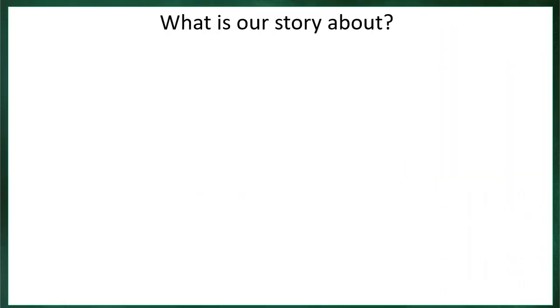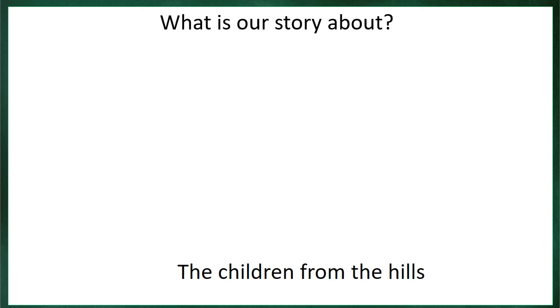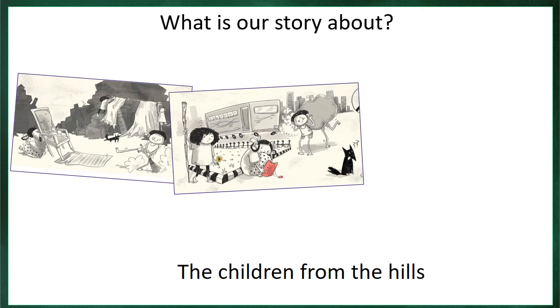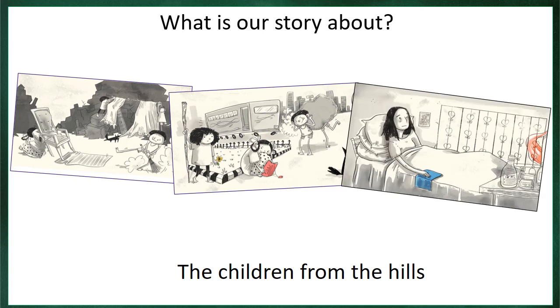You'll see that today's story also has a problem that needs to be solved. I wonder if you can predict what today's story is about. Look at the title, The Children from the Hills. Look at the pictures. In that first picture, there's some children.